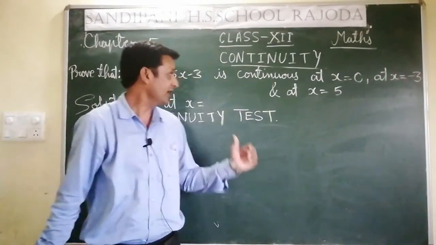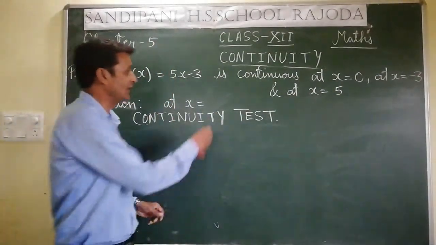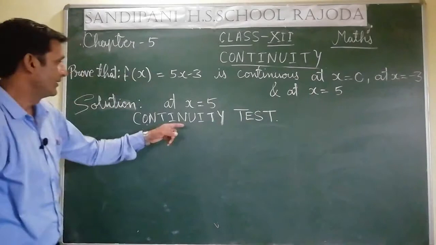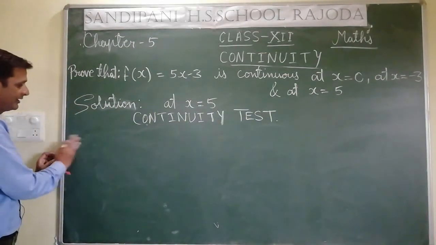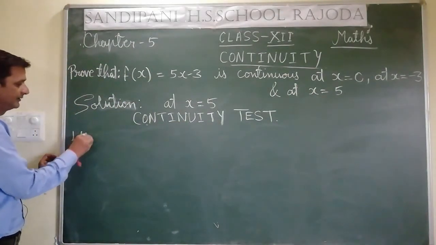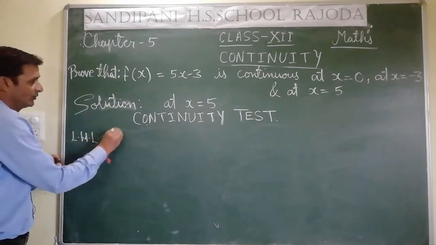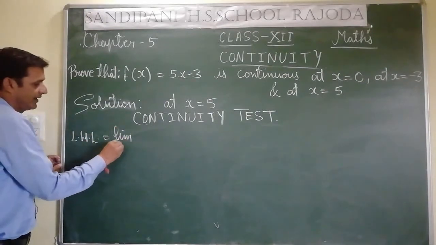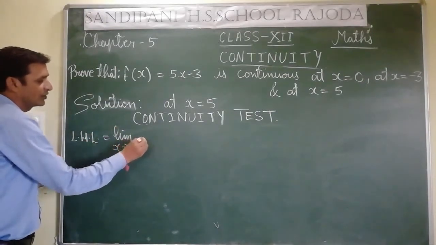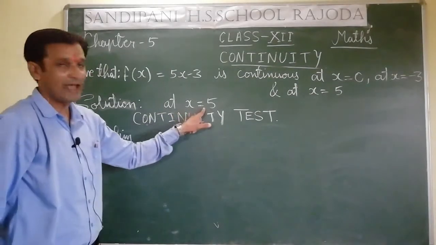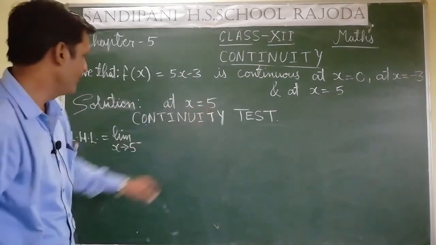Now we have to check the continuity at x is equal to 5. So again the continuity test will be applicable. LHL is equal to limit x tends to 5 minus, because now we are applying the continuity test at x is equal to 5.